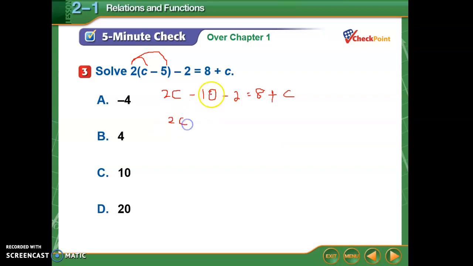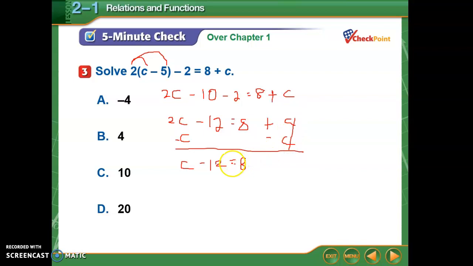Okay, so you work that out. You just need to simplify this too. So -10 and -2 gives you -12 because they have the same sign, equals 8 plus c. Alright, so we're going to move our c to the other side. So that gives us c minus 12 equals 8.